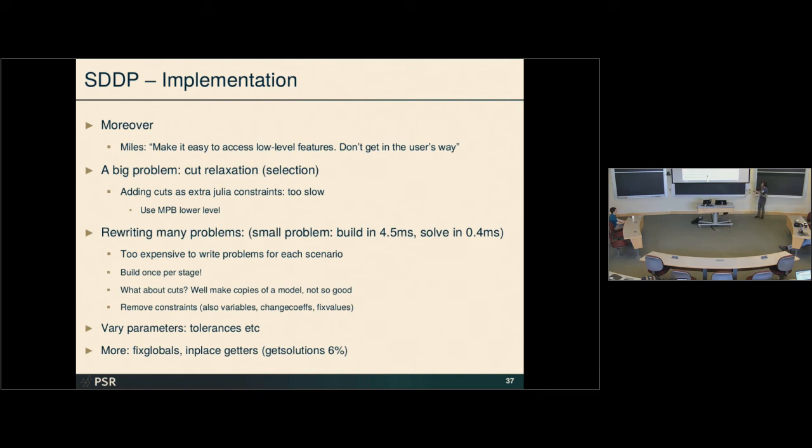So it's too expensive to write a problem for each scenario, so you can build problems once and just change the model with a lot of flexibility that JuMP has.